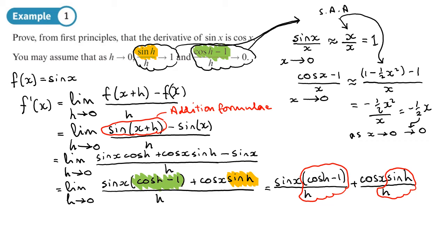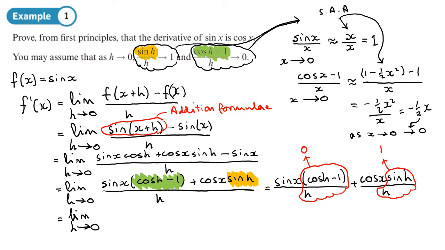So we can use the rules that they've given us, and we can say, right, okay, this bit here will tend to 0 as h tends to 0, and this bit here will tend to 1.